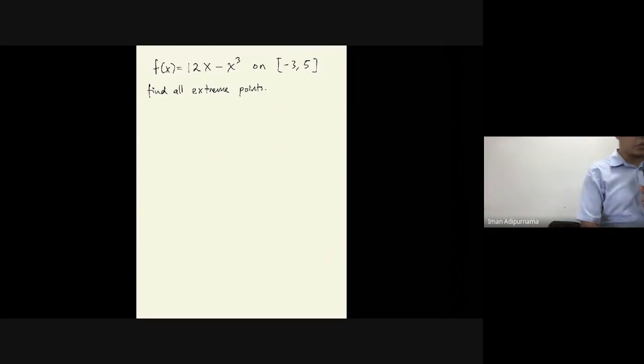Extreme point means when you have a value, either maximum or minimum, you need to describe whether that is maximum, minimum, local, or absolute.